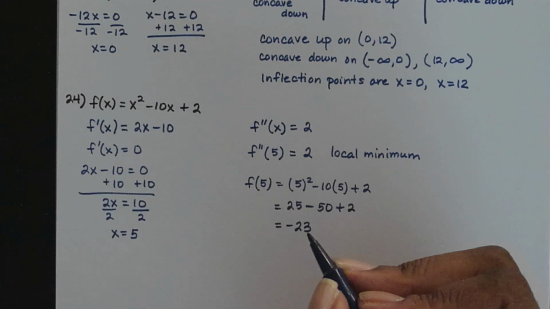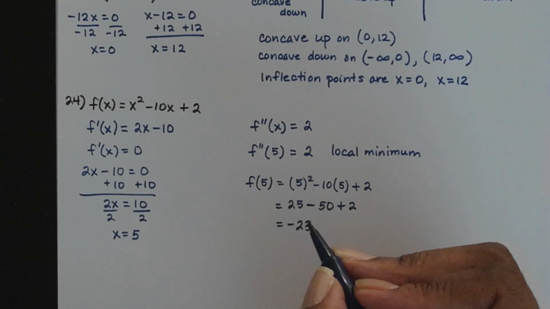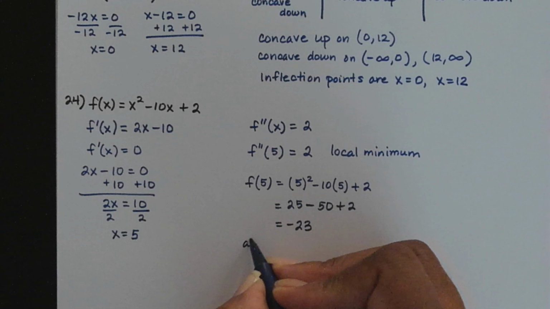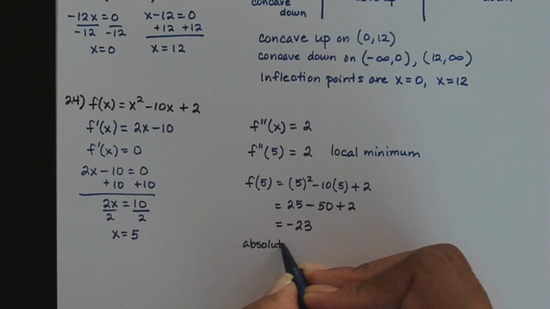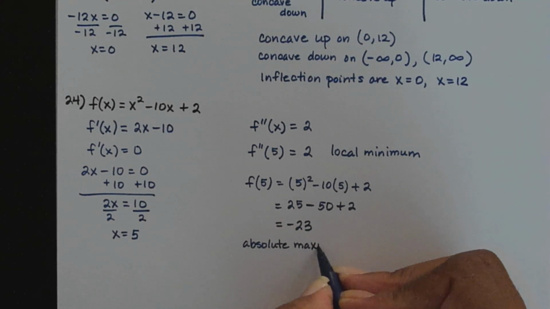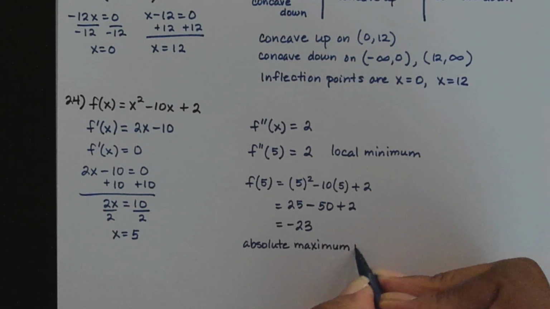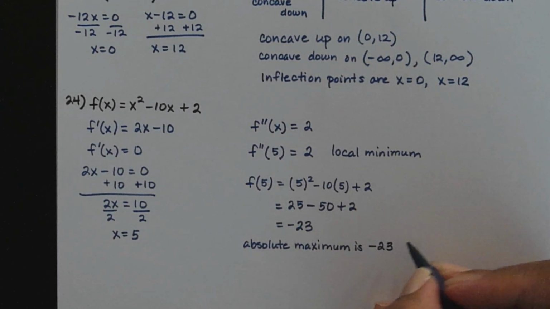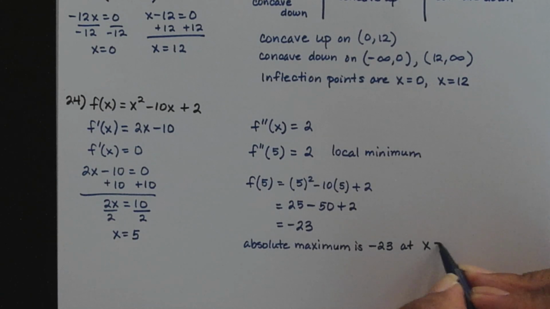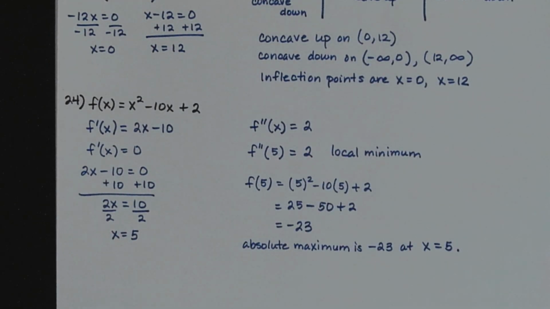So that would be your absolute minimum: negative 23 at x equals 5. So that's how we work problem number 24.